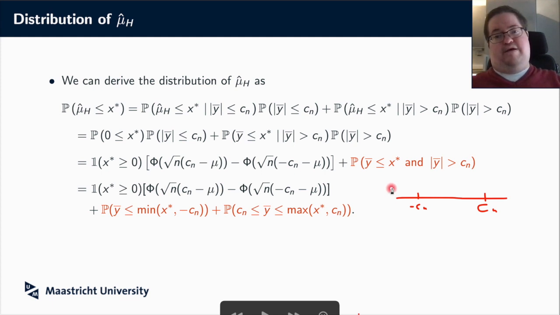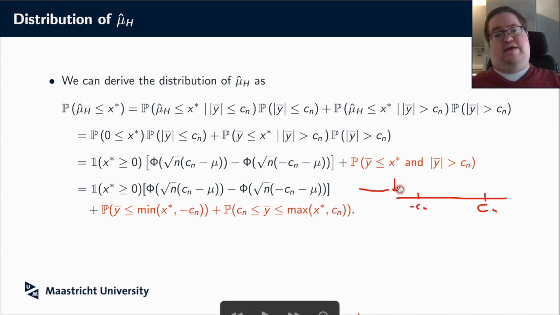Now suppose that x star is somewhere here on the left. Well, in that case, I don't need to be bothered about the condition of y bar being larger than Cn in absolute value. The only thing I have to count as a probability is the probability here on the left of x star. So I count the probability up to x star.